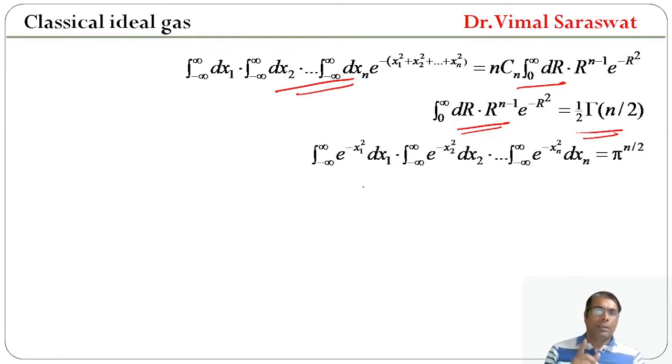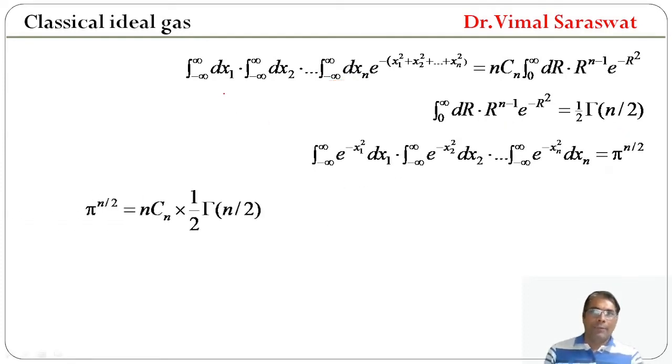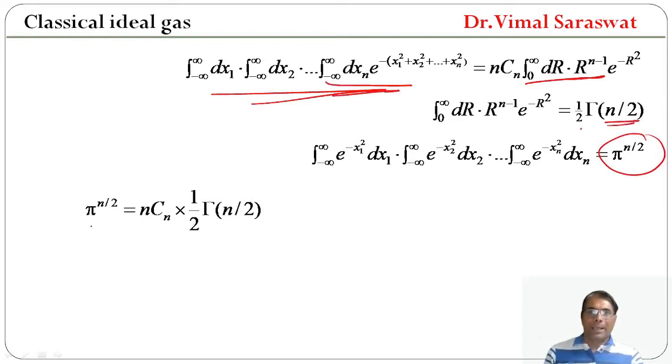Also this is equal to pi raised to n by 2. Now we replace this with pi raised to n by 2, and this is with 1 by 2 gamma n by 2. So this equation will be pi raised to n by 2 is equal to ncn 1 upon 2 gamma n by 2.